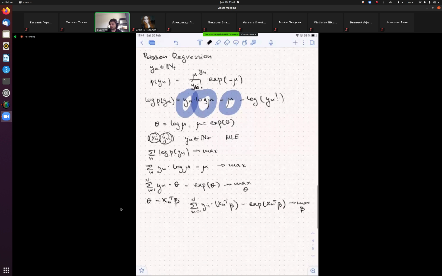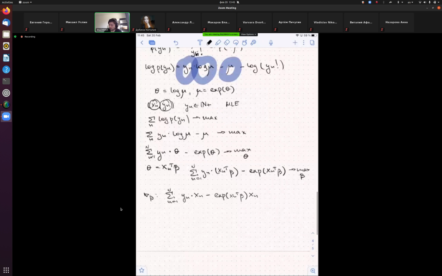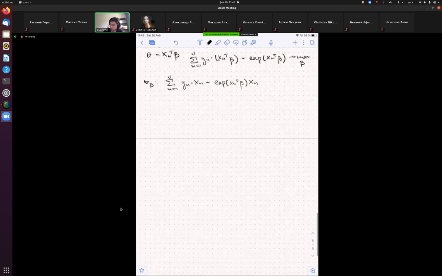And this is an optimization problem that we already know how to solve. We could take the gradient with respect to beta. And then we could make one more step.